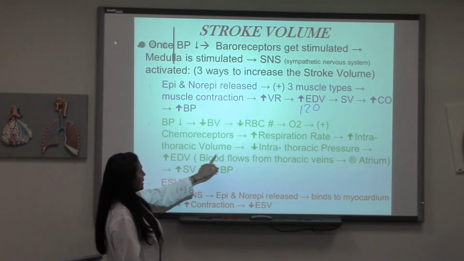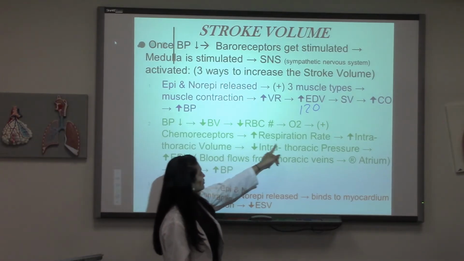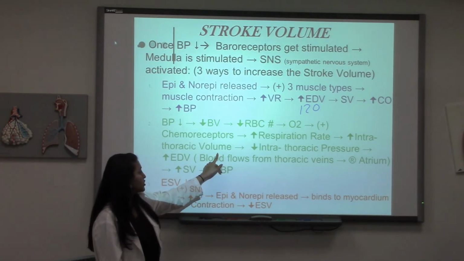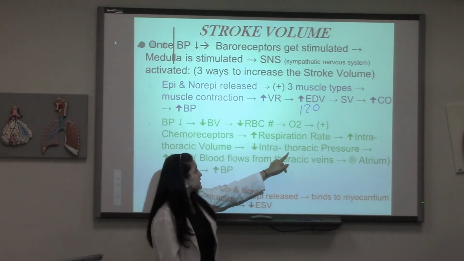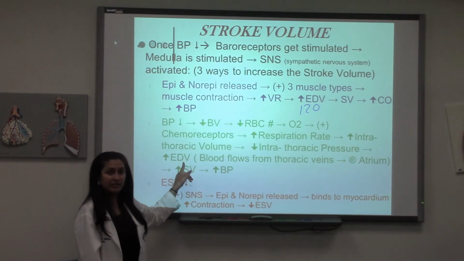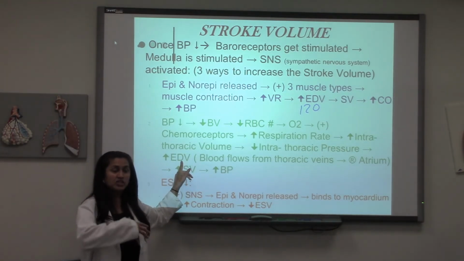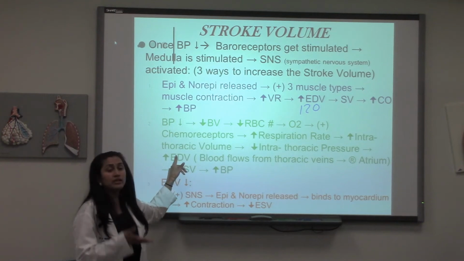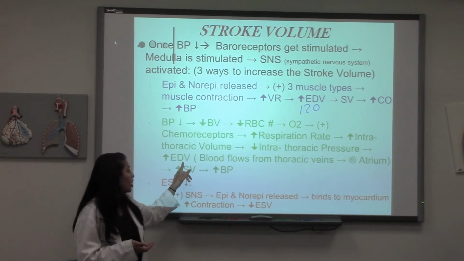So increased respiration increases intrathoracic volume, meaning the thoracic veins are draining, which decreases intrapulmonary pressure, and that increases EDV.